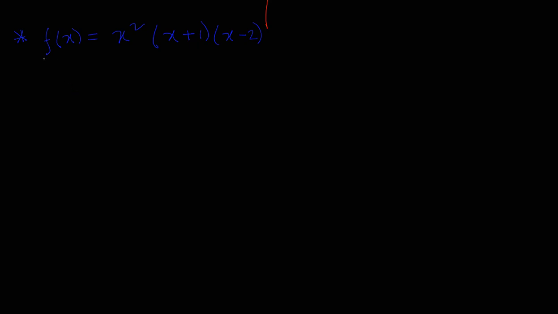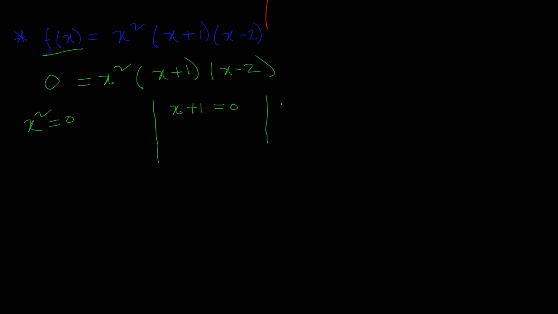So if I want to find the multiplicity of the zeros of this function, first of all I need to find the real zeros. To find the real zeros I need to equate f of x equal to 0. So f of x equal to 0 is x square multiplied by x plus 1 multiplied by x minus 2. So I can write x square equals 0, x plus 1 equals 0, and x minus 2 equals 0.